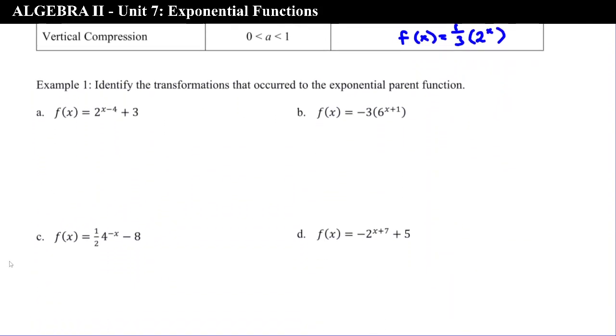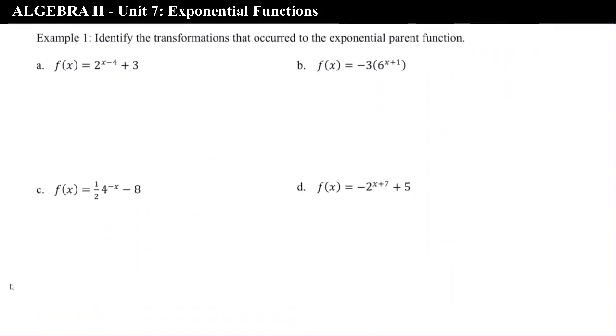All right, knowing all that information, let's identify the transformations that occurred to the exponential parent function for these different functions. So for a, we have been translated to the right 4 units. That is indicated here. And then up 3.